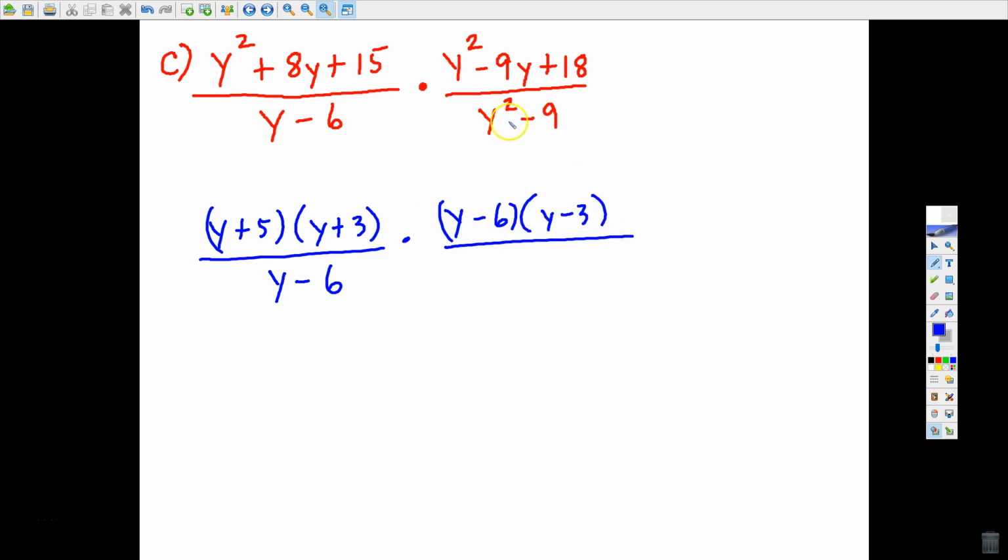And the denominator is the difference between two squares, so y plus 3 times y minus 3. And now we start canceling everything we can. Cancel matching factors, the y minus 3's. Going diagonally, you can cancel y plus 3. Diagonally again, you can cancel y minus 6. So all that's left is y plus 5.